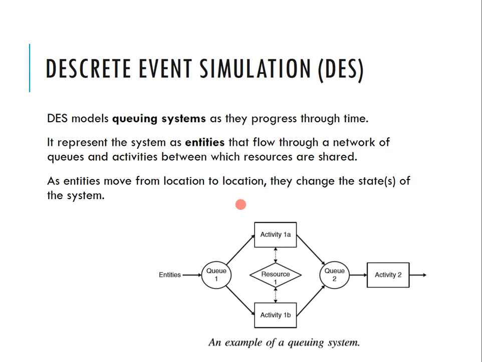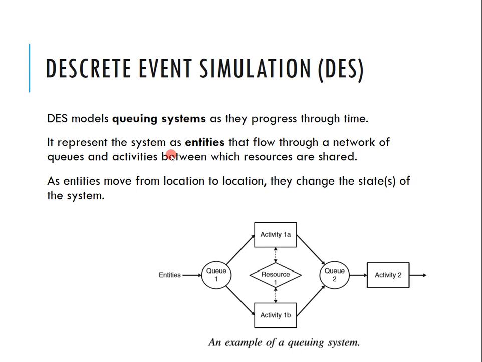Sebagai contoh, a simple example is the bank, right? In the bank system, when the customer arrives at the bank, they have to go into the queue before getting the service at the counter. That is one example of a queuing system.